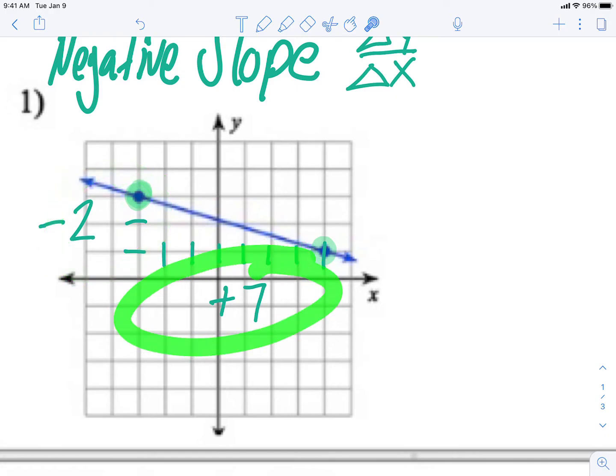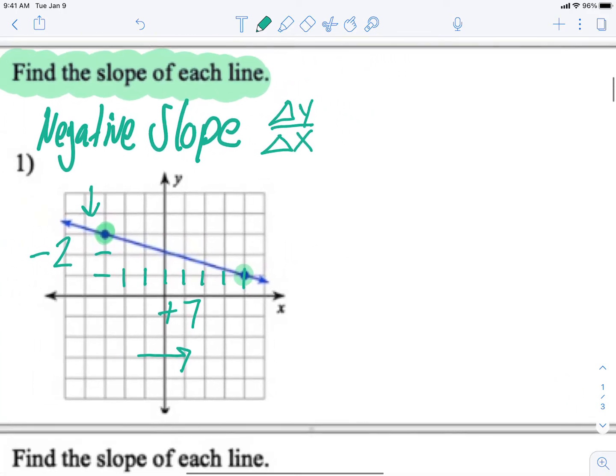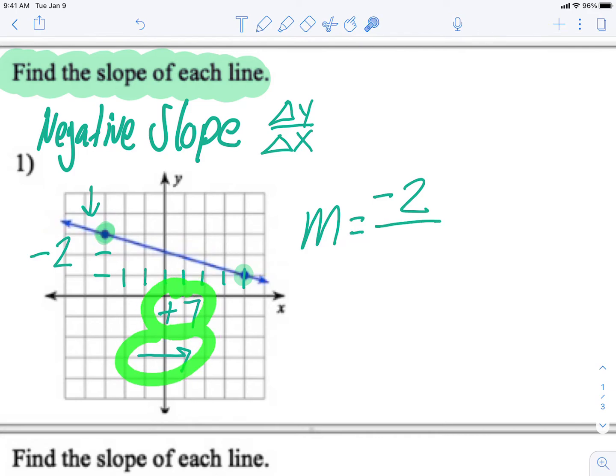over delta x, right or left. So I went down -2, and I went to the right 7. So I'm going to say here, my slope is equal to delta y, which means I went down 2, so that goes on top, over delta x, I went to the right 7, +7.